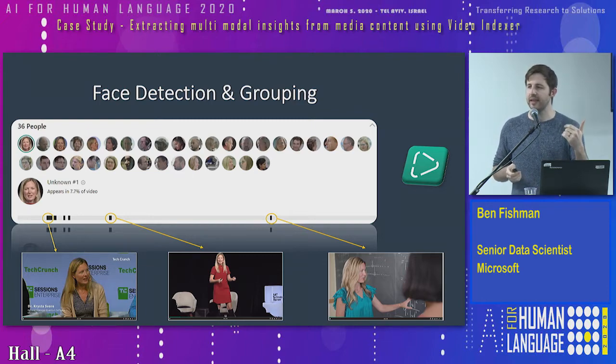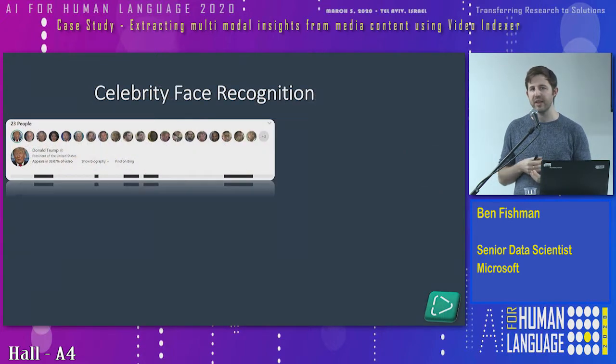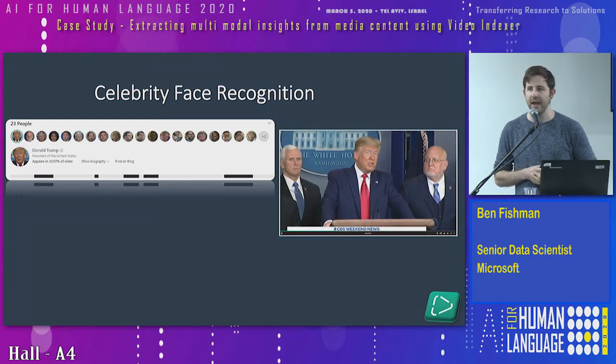But after we do the detection and grouping, we also want to recognize. So we have our celebrity recognition model. For example, in this movie, we have up to 1 million celebrities that we know how to recognize. You can see here a video with President Trump.